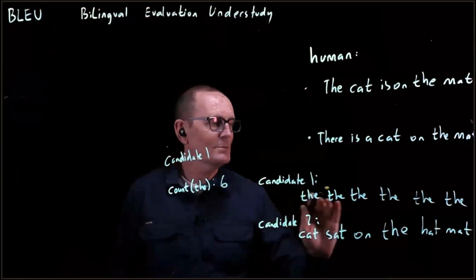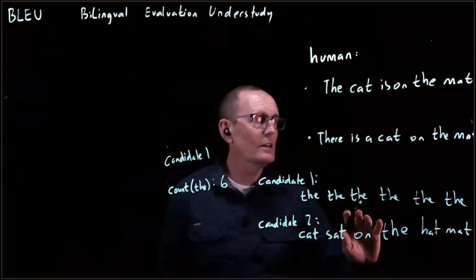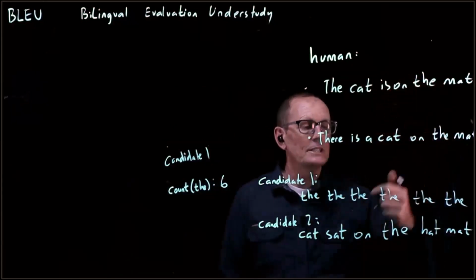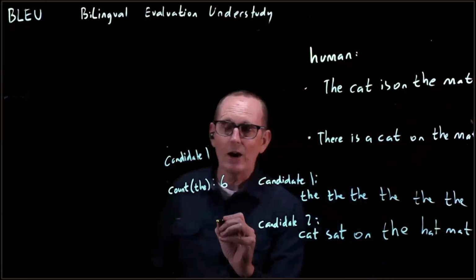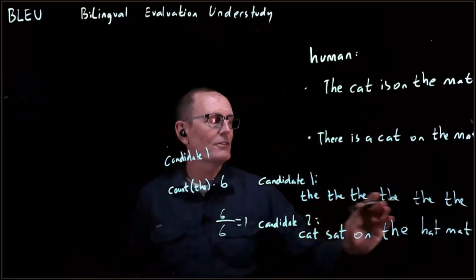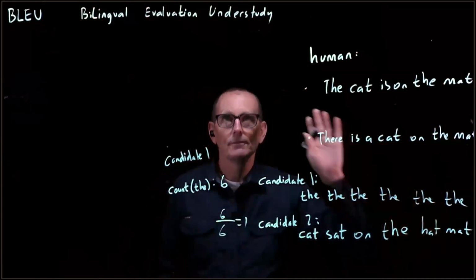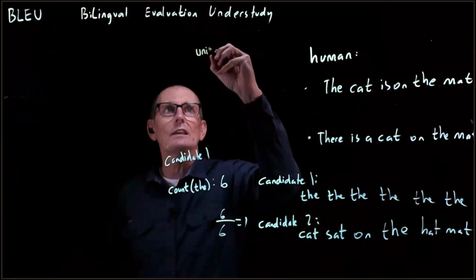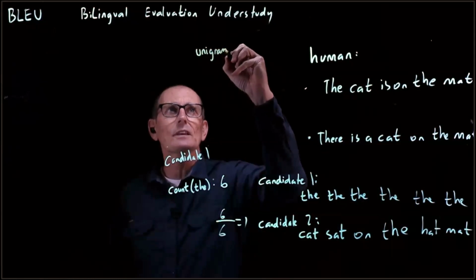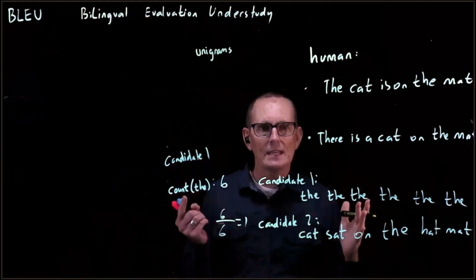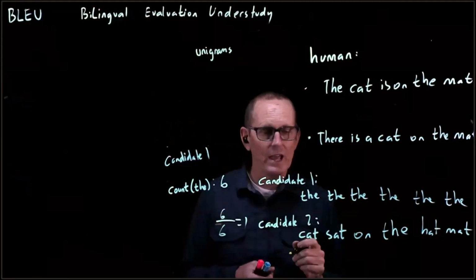So we have 6 matches, because each one of these thes matches, there's some the in both of these sentences. And out of 6 would give us a total of 1. Perfect translation. For the moment, what we're looking at is unigrams, which is just single words. We're going to extend this to multi-words, but for now it's 1.